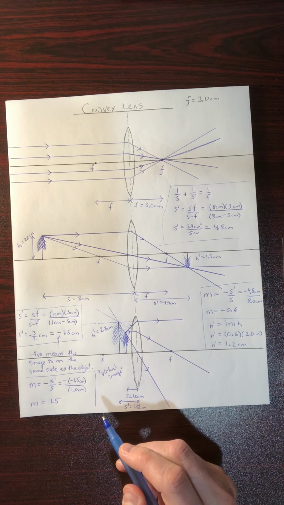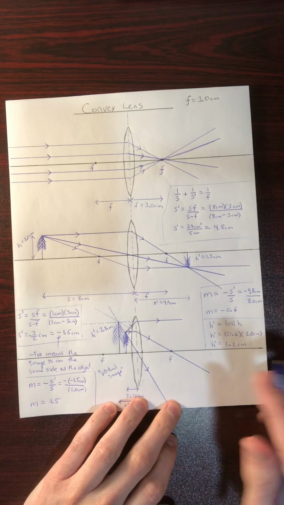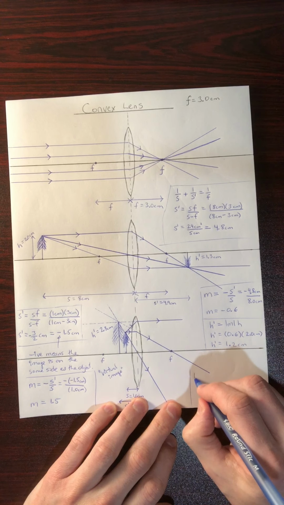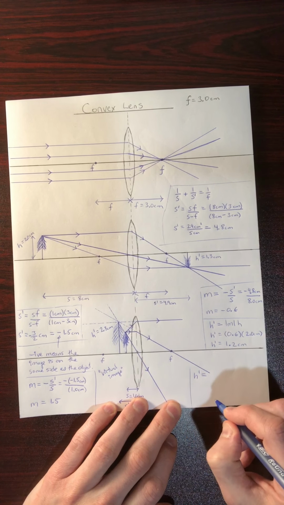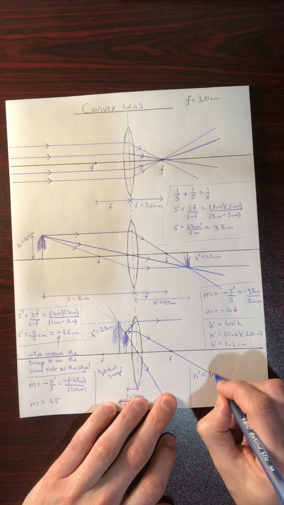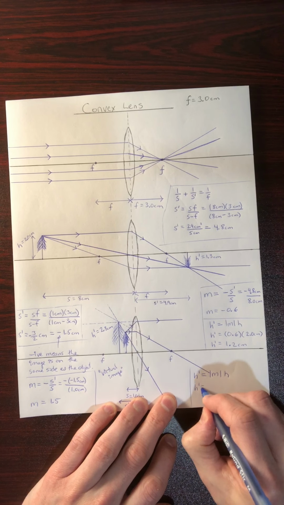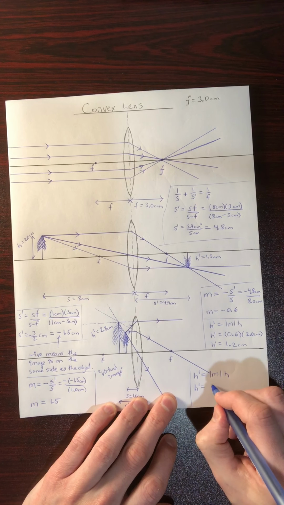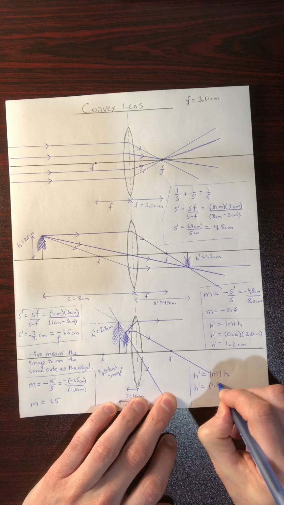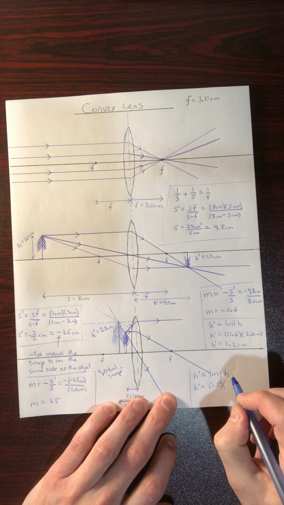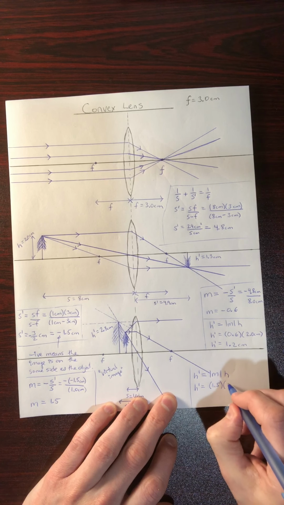Okay, I don't have room here to do the actual height, but I can do that over here. So we can say, well, our H primed here is going to be the absolute value of the magnification factor times the original height. And so this is going to be 1.5 times our original height, which was 2 centimeters.